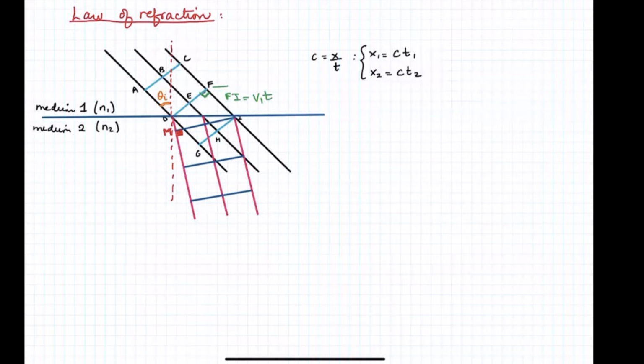Similarly, I know this angle is going to be 90 degrees for the incident ray. Then can I write DM as v2t? So this means this is my incident wavefront, and this is my refracted wavefront.